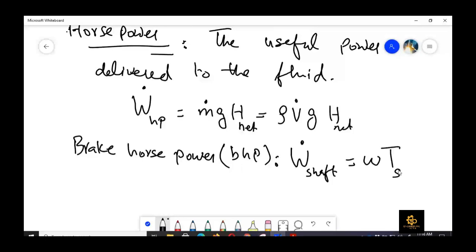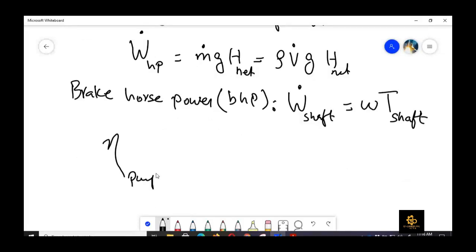If we want to see how efficient the pump is, it would basically be the actual useful power divided by the power provided by the motor. So the efficiency of a pump would be equal to water horsepower divided by brake horsepower.